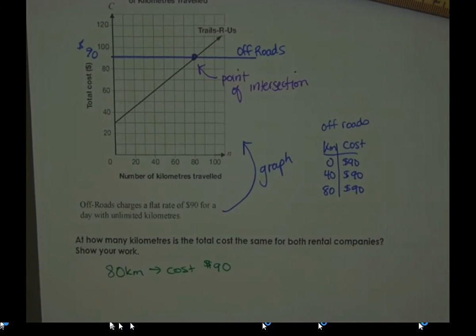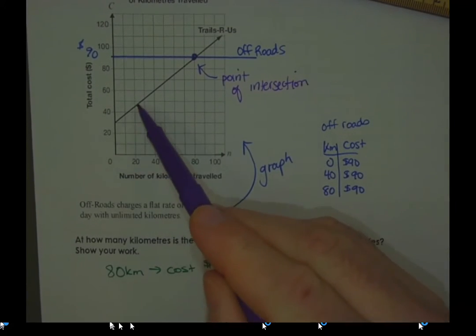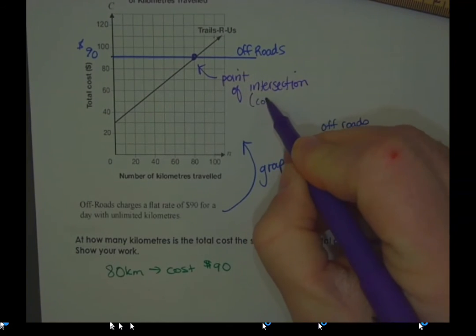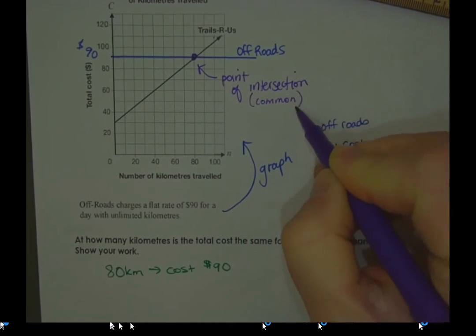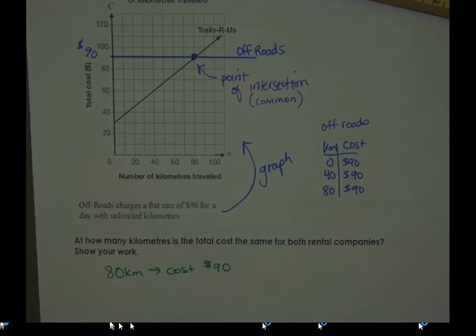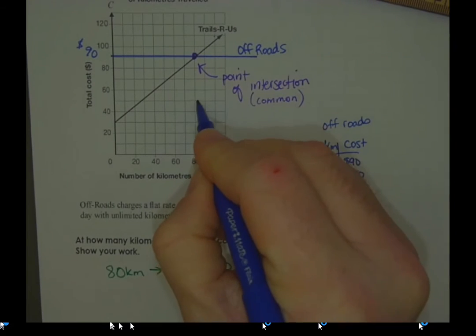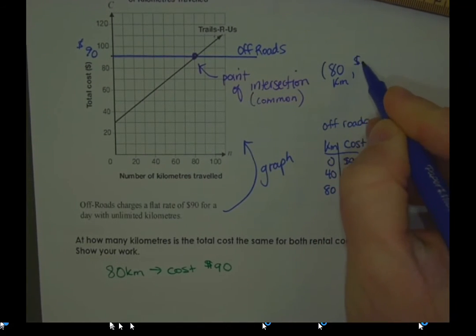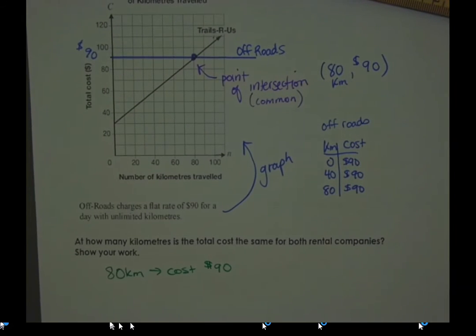And the point of intersection is saying that if I look at this line and this line, this point is a common point between those. So we look at that point, and we can say to ourselves, well, that point of 80 kilometers and $90 is the same for both. So that's one way of looking at it.